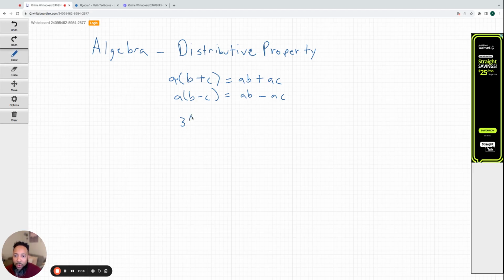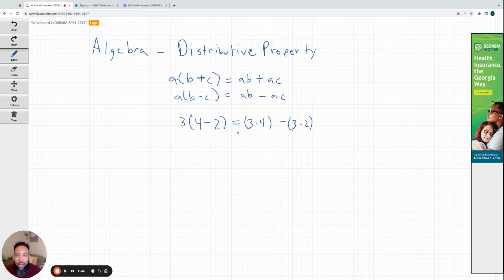So if we had three, say 4 minus 2. So technically it would be 3 times 4, right? Minus 3 times 2. And I'm putting that in the parentheses so that we can show how we distribute that out.